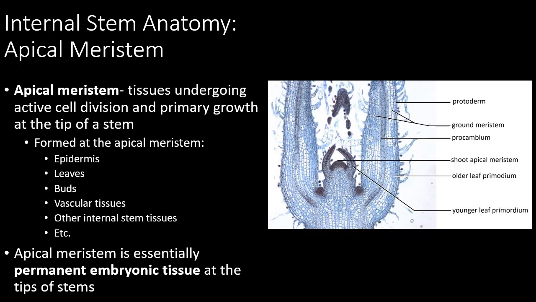And because this apical meristem has to be able to develop into so many different types of tissues, I think it's valuable to think of this as permanent embryonic tissue, or maybe you're familiar with the idea of stem cells. A stem cell is a cell that hasn't differentiated into a particular specialized type of cell yet.